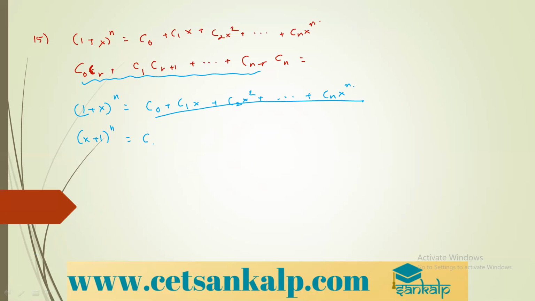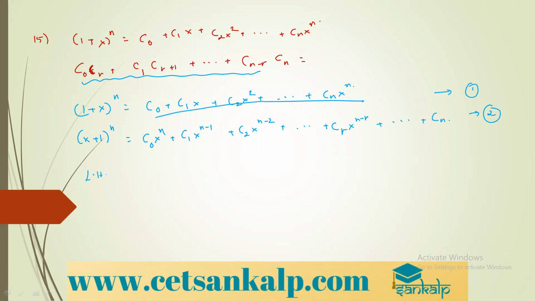I will write C0 x power n, C1 x power n minus 1, C2 x power n minus 2, in the middle Cr x power n minus r, and finally Cn. Now I will multiply equation 1 and equation 2.